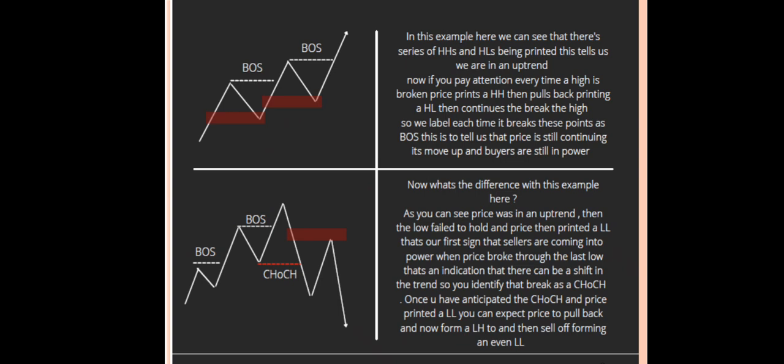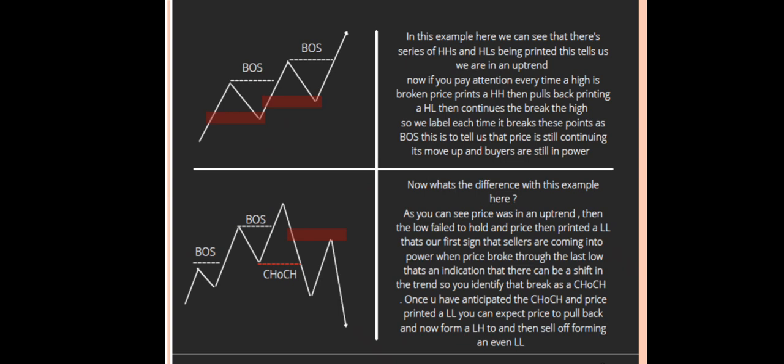When price breaks through the last low, that's an indication that there can be a shift in the trend. So you can identify the break as a CHoCH, or rather a change of character.